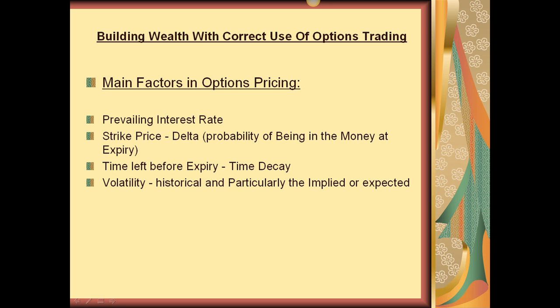Sometimes these moves are fairly dramatic. As a result, the implied volatility just before the earnings announcement tends to be quite high. So buying options just before such an event tends to be more expensive than ordinarily, where such events are not anticipated and the implied volatility is close to or near historical volatility.